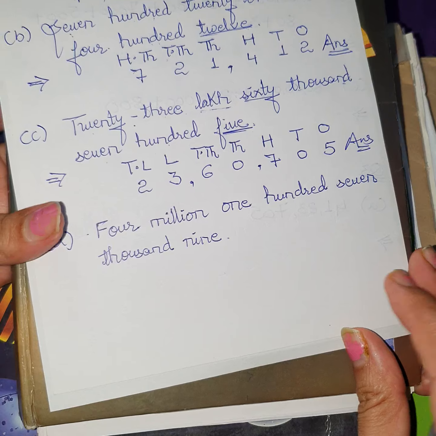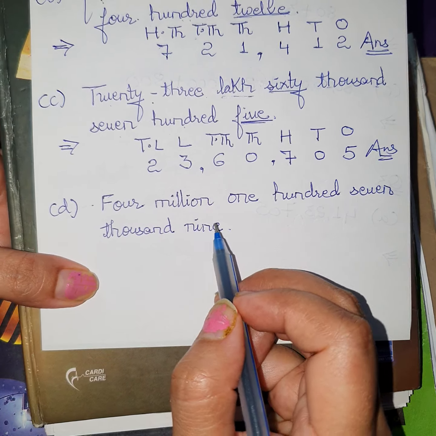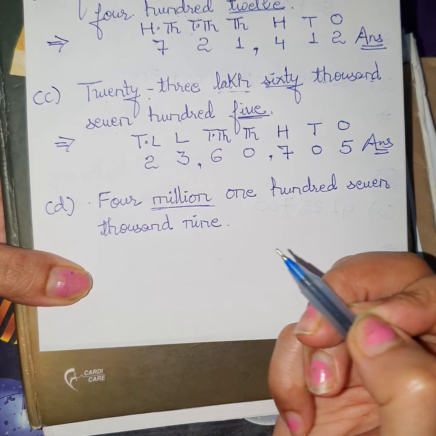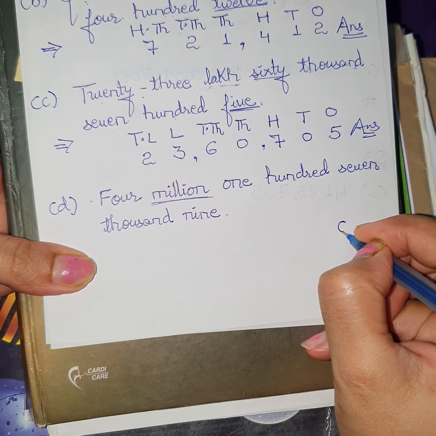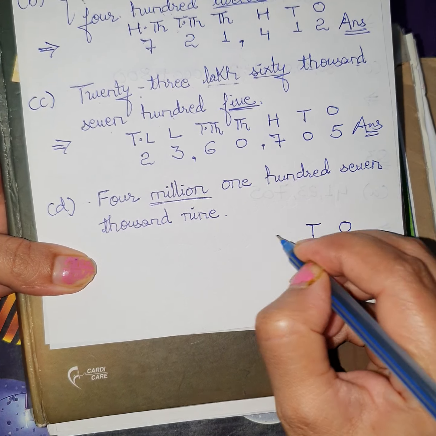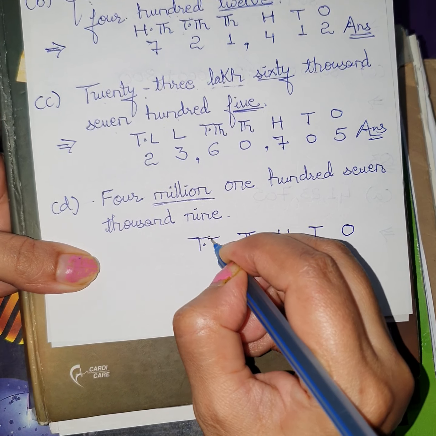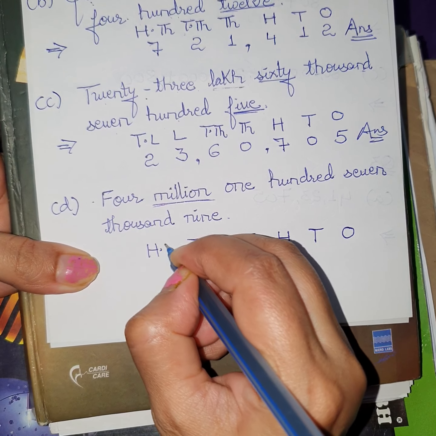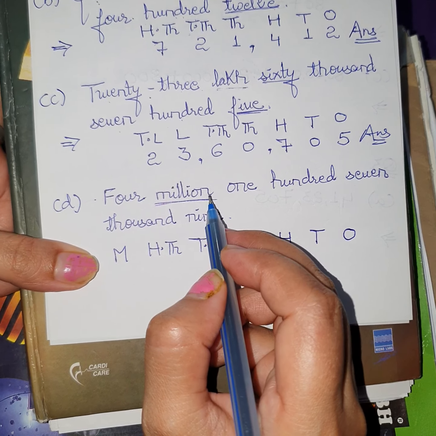Then D part is 4,107,009. Million means it is according to the international system of numeration. So places will come according to the international system: ones, tens, 100, 1,000, 10,000, 100,000 and million, because the number is still in the million place.